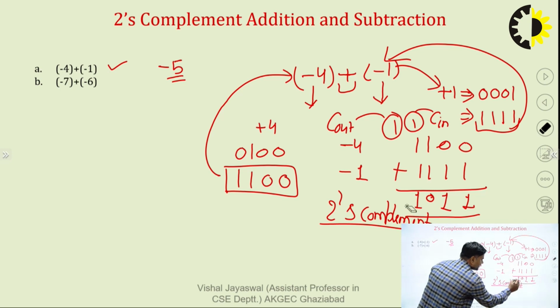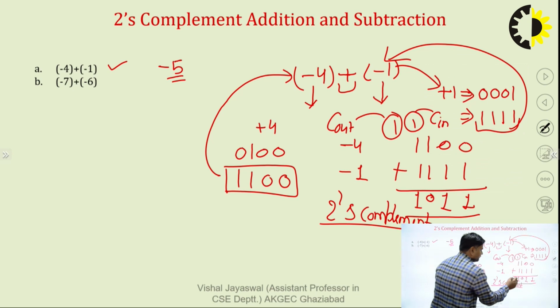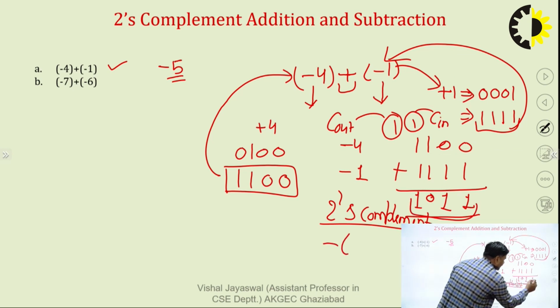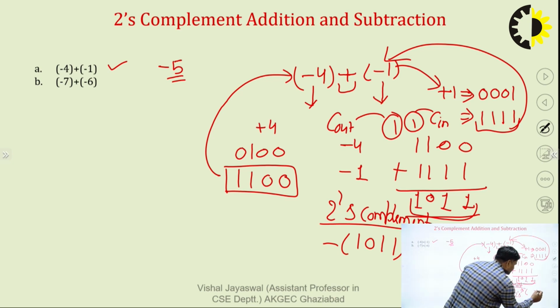So for this, we have to write minus here and write down the whole number, that means 1 0 1 1, and take the 2's complement.